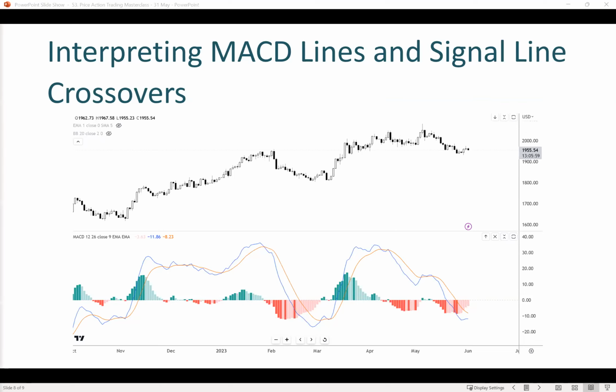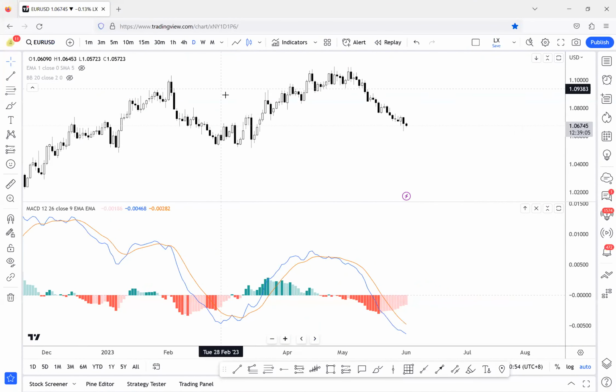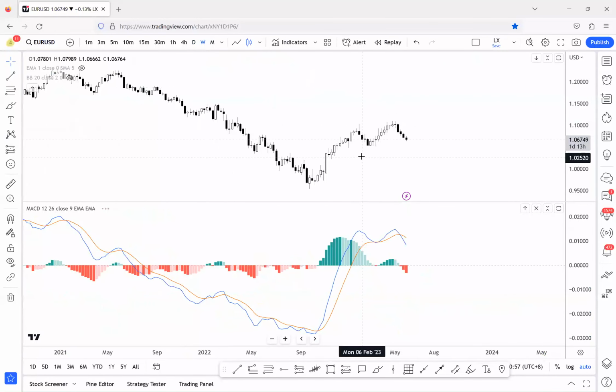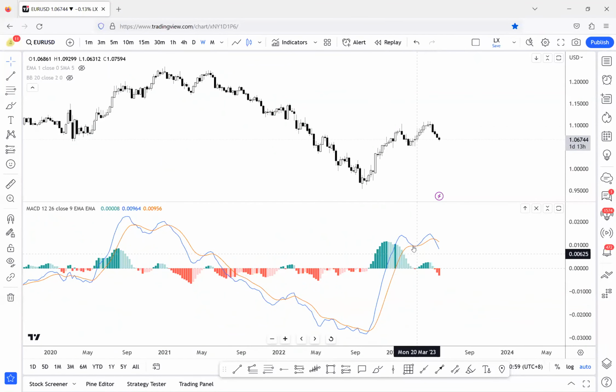Okay, so let's take a look at an example on euro dollar. Let me just share the chart. So this is what we have on euro dollar. On MACD here, you can see that across different time frames, it shows different signs.